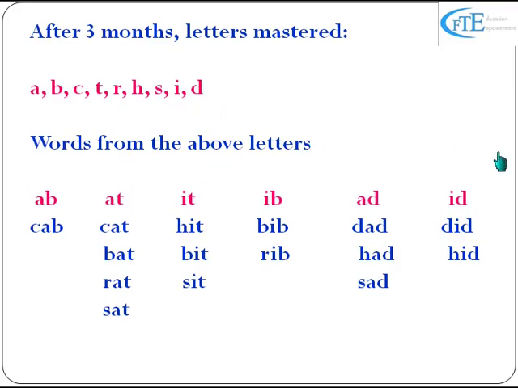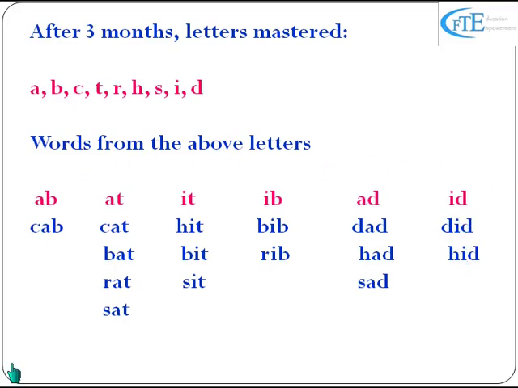And your child can read these words made from these letters: ab, cab, at, cat, bat, rat, sat, it, hit, bit, sit, ib, bib, rib, ad, dad, had, sad, id, did, hid.